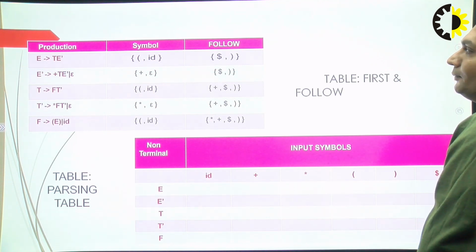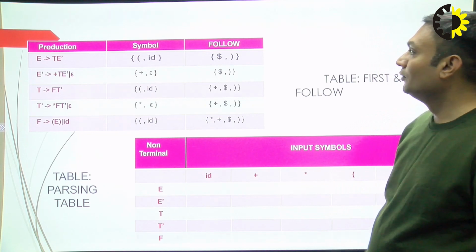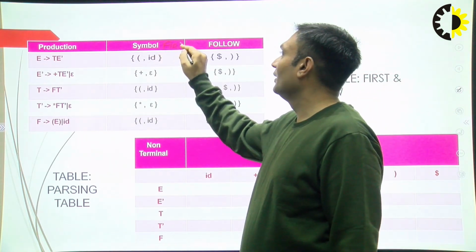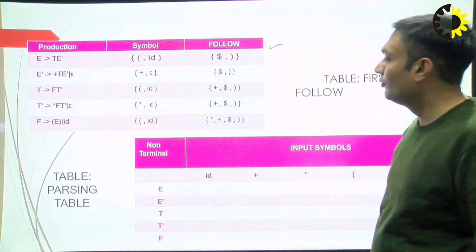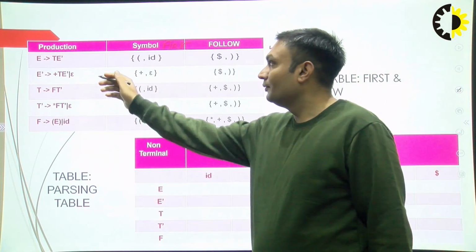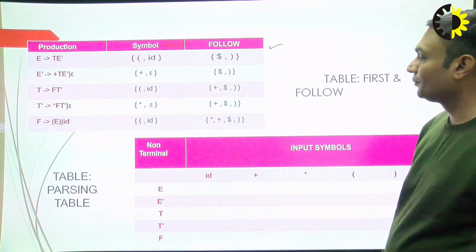To calculate the parsing table, we require first and follow. So, the first symbol and follow symbol table, the same table we will write here, and we will use this table to make the parsing table.